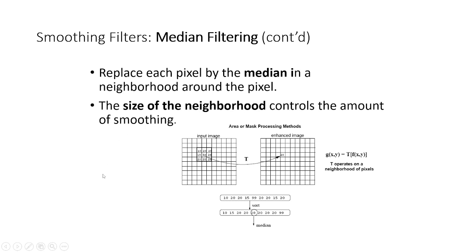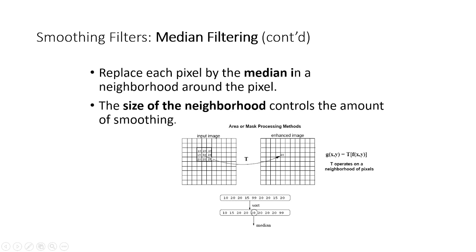The size of the neighborhood controls the amount of smoothing. That is, the size of the gray values in the neighborhood determines the smoothing filter. The neighborhood values in the image are 10, 20, 20, 15, 99, 20, 20, 25 and 20 here.